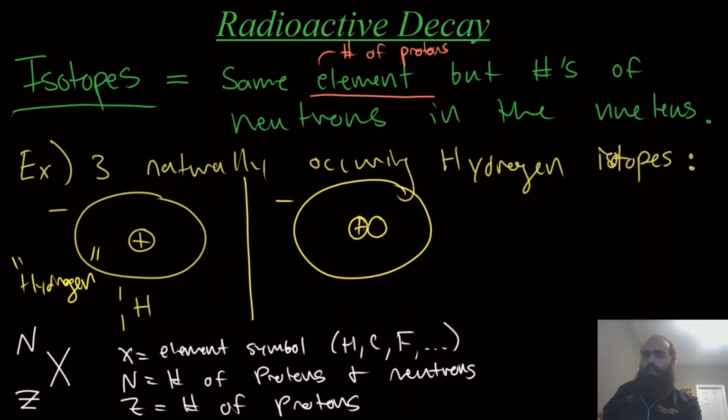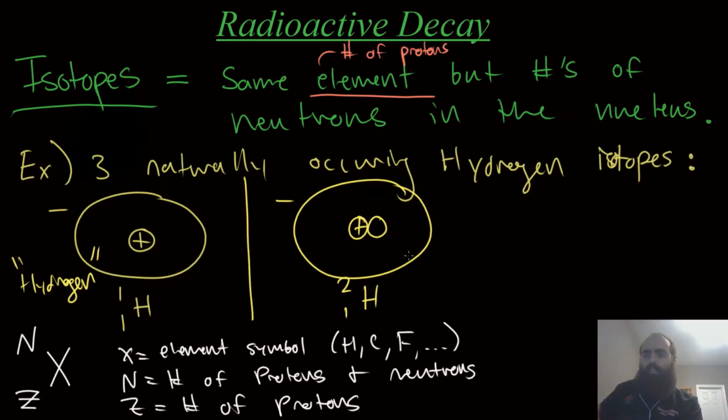Because the number of protons and neutrons is now 2, we write it with a 2, and it's hydrogen because there's one proton in the nucleus.